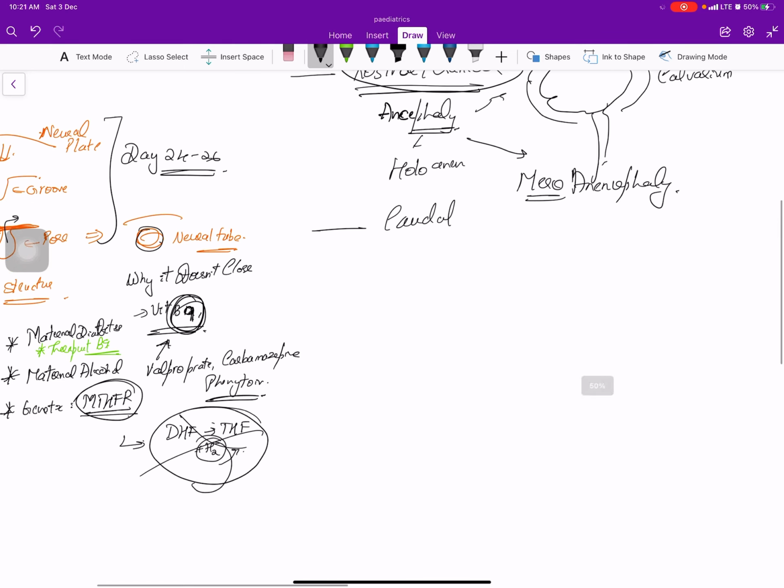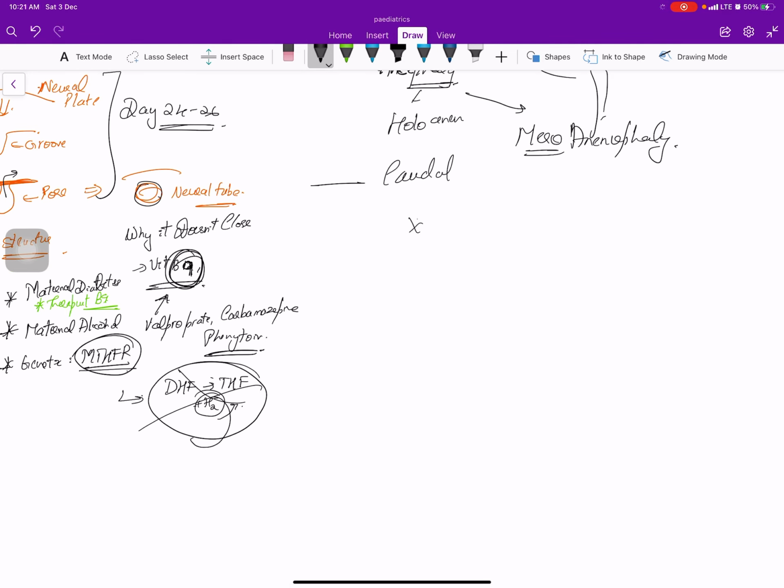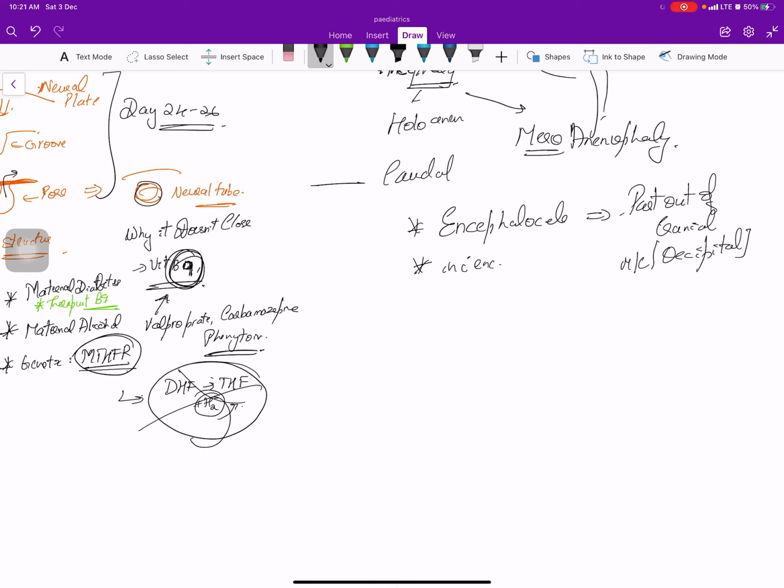There are two more I would like you to know. One is encephalocele, wherein a part of the brain comes out of the cranium. This part is most commonly the occipital or the posterior part. And one more is iniencephaly, wherein there is a fusion of the occipital part of the cranium with the spinal cord.